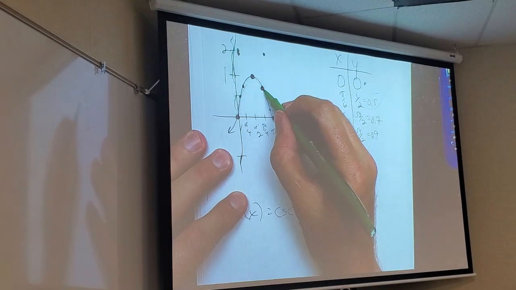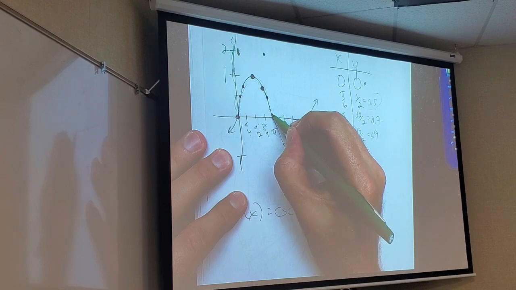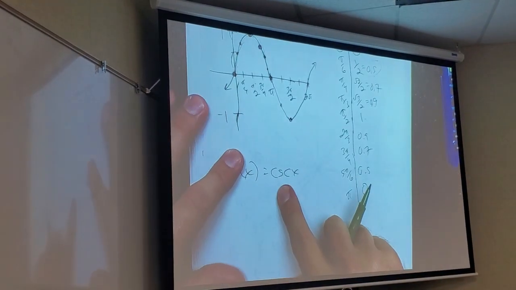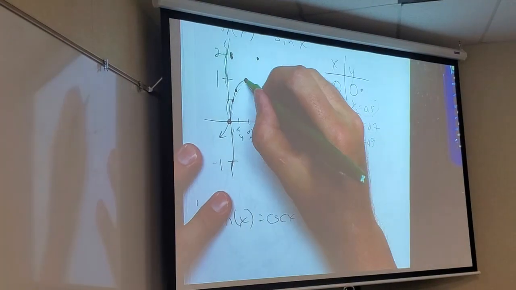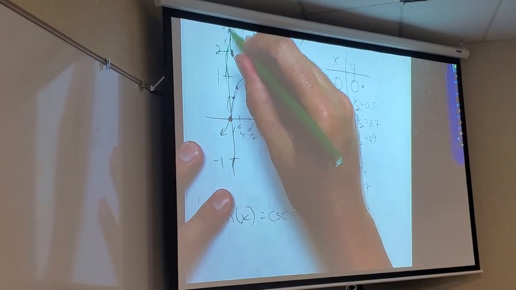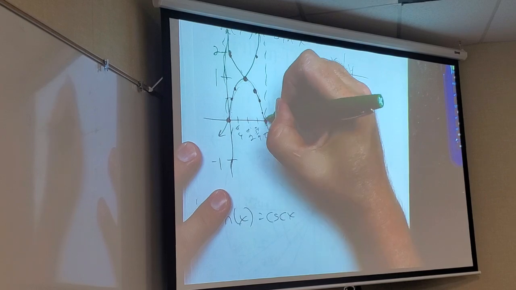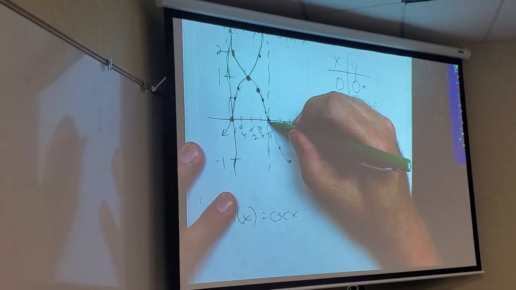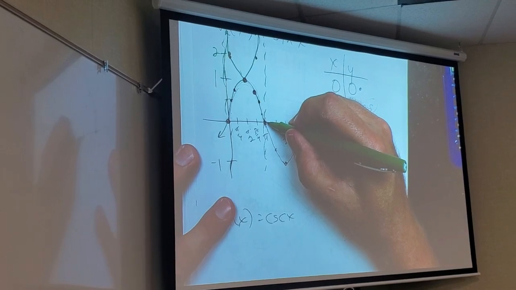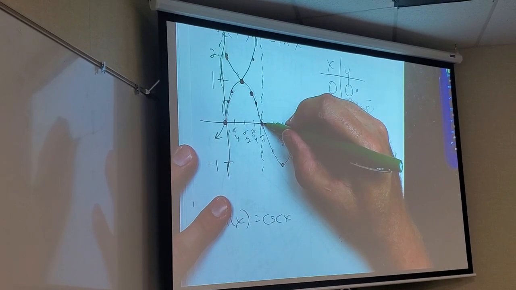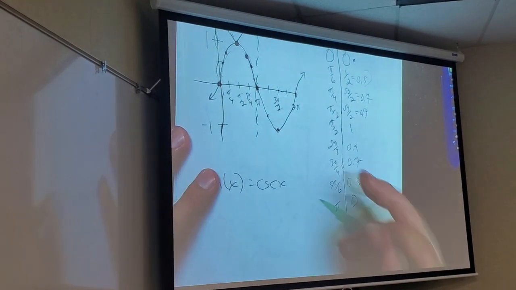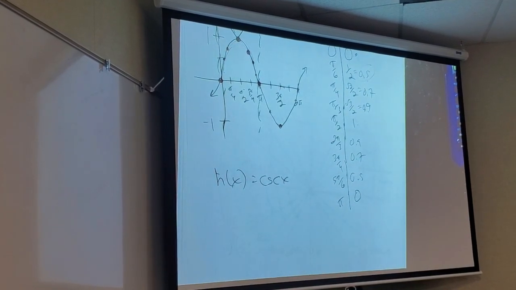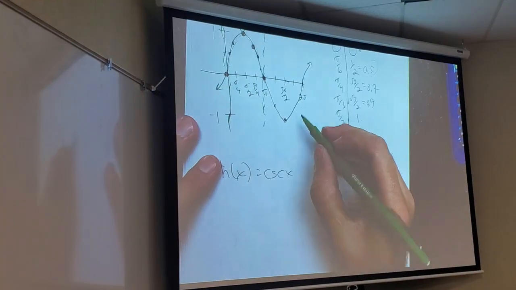So as I get closer to 0, my outputs are getting smaller and smaller. So for the cosecant, 1 over that is going to get bigger and bigger. It's going to approach this asymptote. Why is there an asymptote here again? Because sine's output is 0, which means cosecant's going to have a 0 on the bottom. That's an asymptote, right? So you notice something kind of cool?